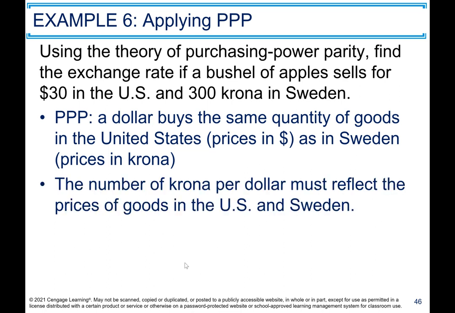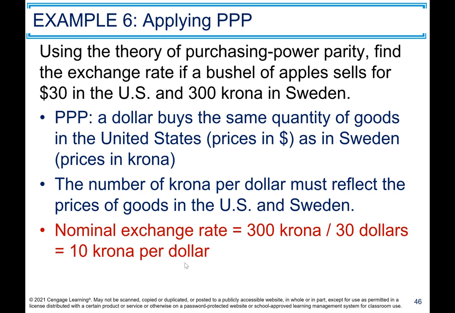The number of krona per dollar must reflect the prices of goods in the US and Sweden. Nominal exchange rate is equal to 300 krona over $30, which is equal to 10 krona per dollar.